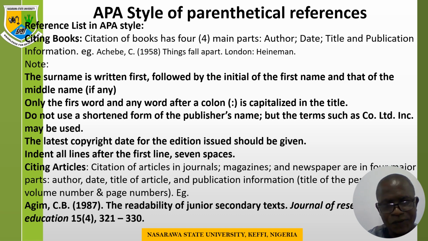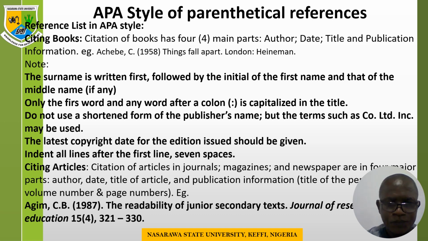Citing articles. Citation of articles in journals, magazines, and newspapers are in 4 major parts. That is the author, the date, the title of the article, and publication information. That is title of the paper or the work, and the volume number and page numbers.